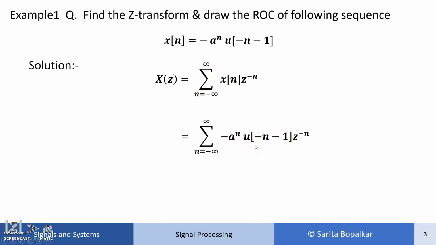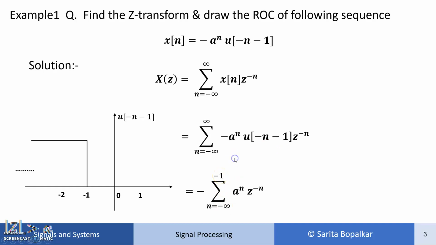Now the existence of this x of n. A raised to n exists from minus infinity to infinity, but u of minus n minus 1 exists only from minus infinity to minus 1.